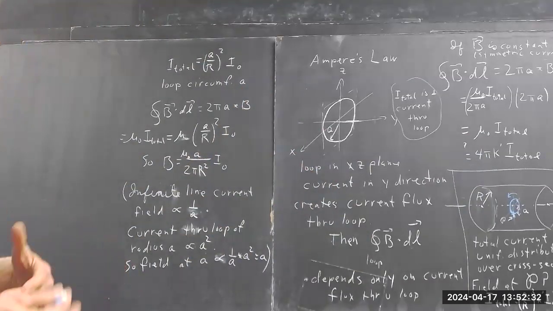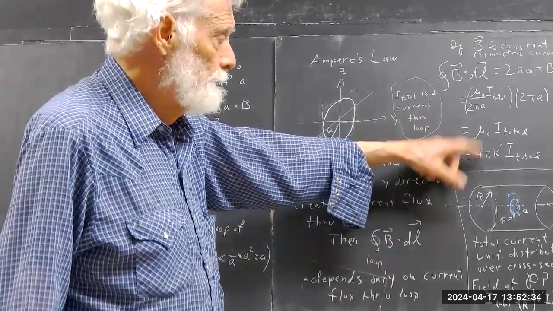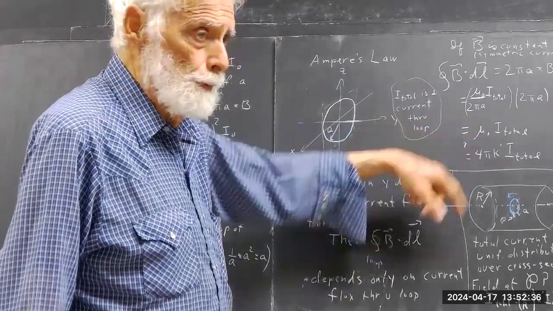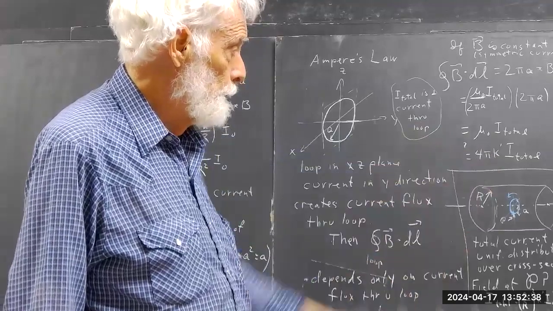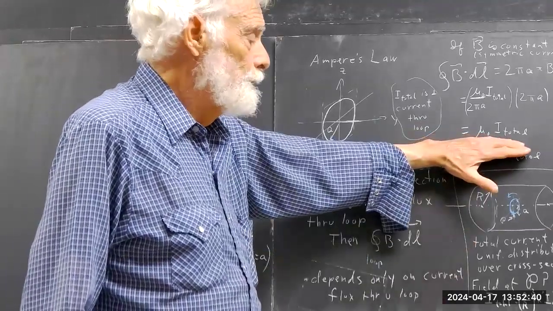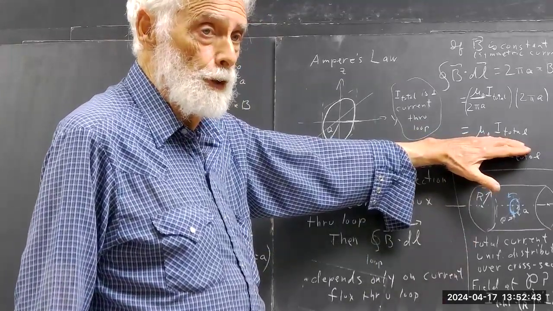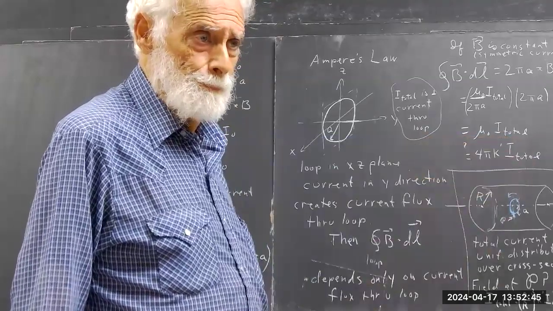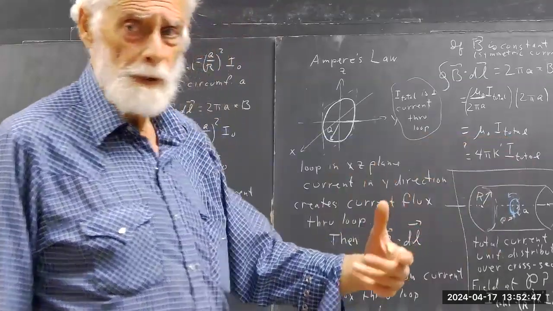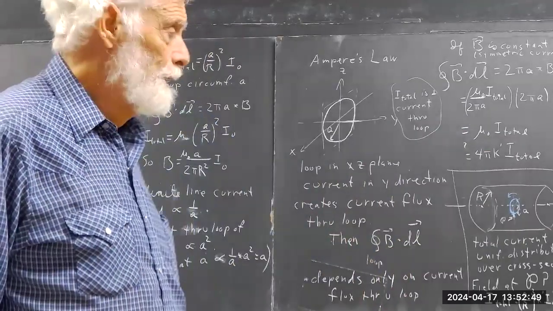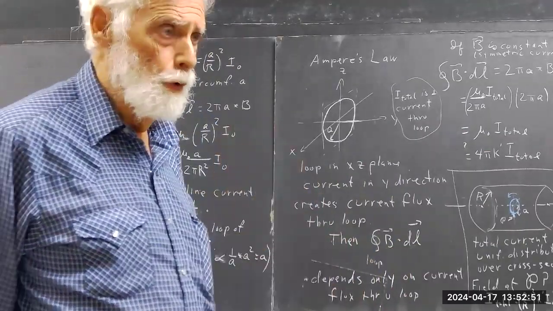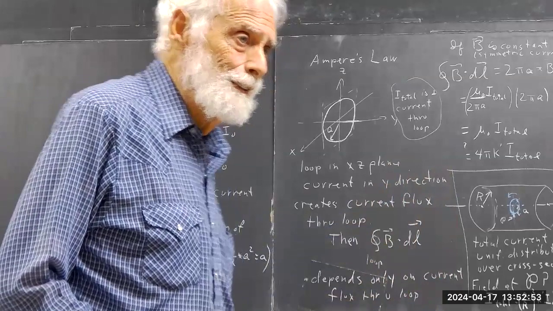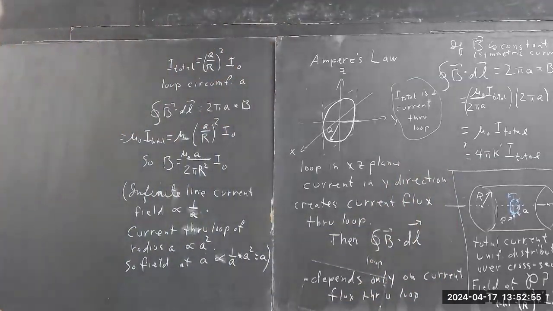You could use these interchangeably, and it's good to know the relationship between mu naught and K prime. K prime q v cross B is simpler than mu naught over 4 pi times q v cross B.